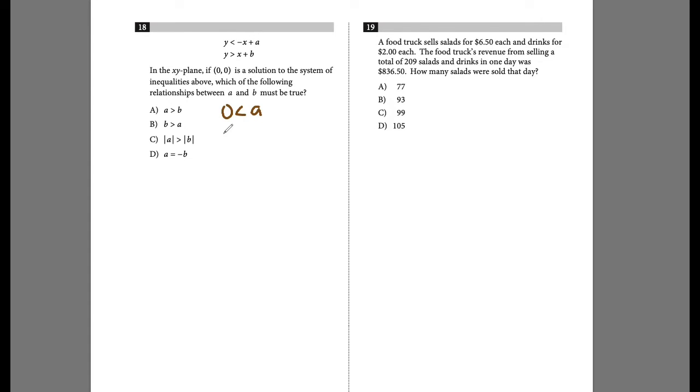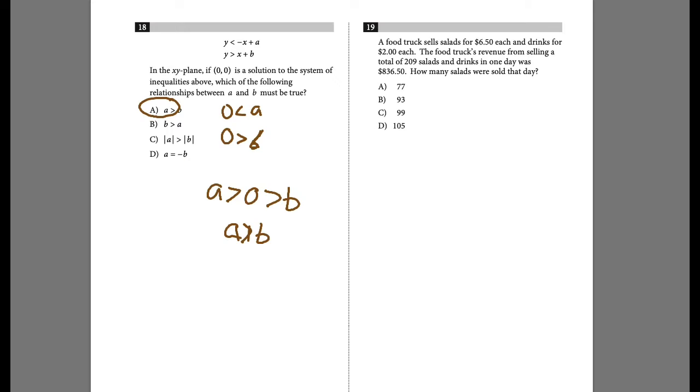And for the second equation, we're going to get 0 is greater than b. So a is greater than 0 and b is less than 0. So we can say a is greater than 0, which is greater than b. So a is greater than b, which is answer choice A.